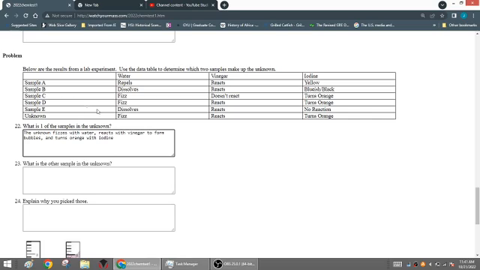So an example that could work there would be sample C, which fizzes, reacts, and turns orange.